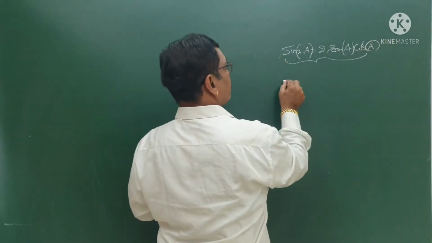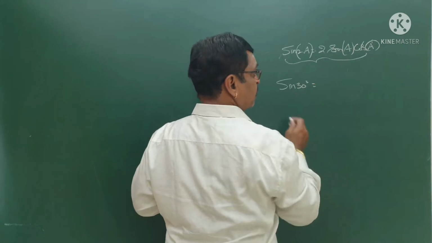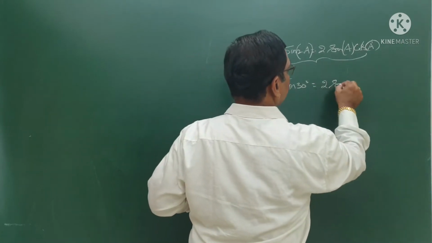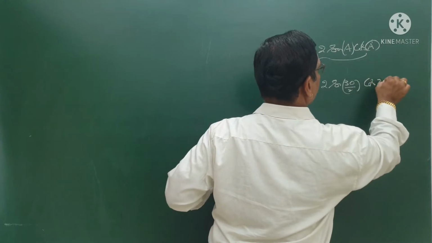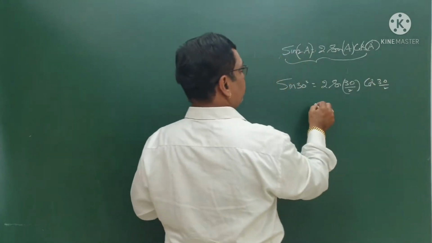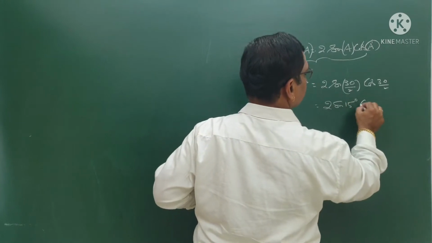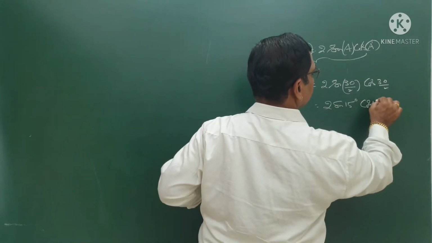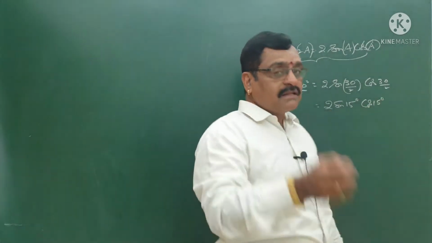That means if you have sin 30 degrees here, it will become 2 sin 30 by 2 cos 30 by 2, that means 2 sin 15 degrees cos 15 degrees. That means this angle is becoming half of that. This is the main concept.